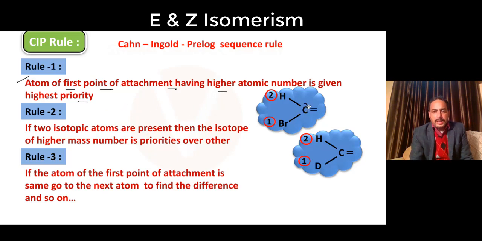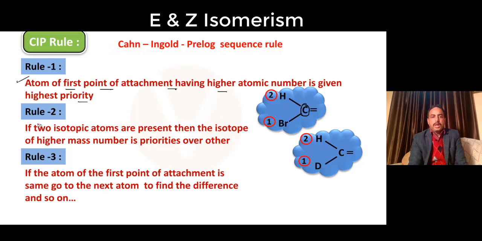For this double bonded carbon atom, we will check the groups. There are two atoms attached, one is hydrogen and the second one is bromine. On the basis of higher atomic number, the priority for bromine is more, so it has the highest priority, and hydrogen has the lowest priority.